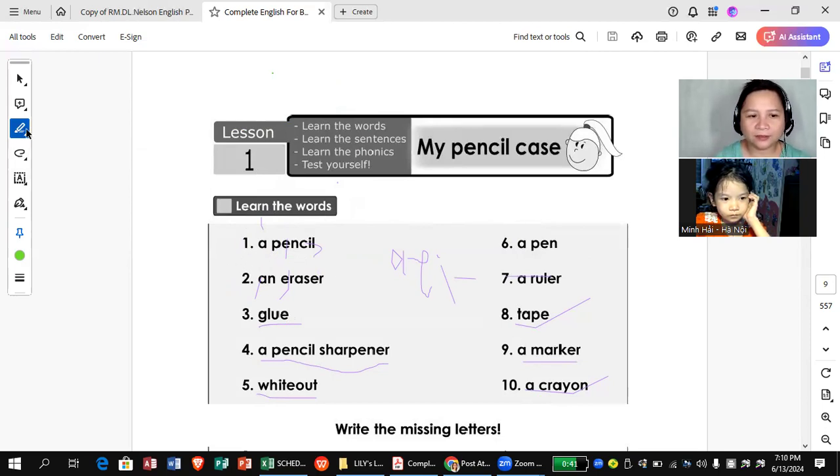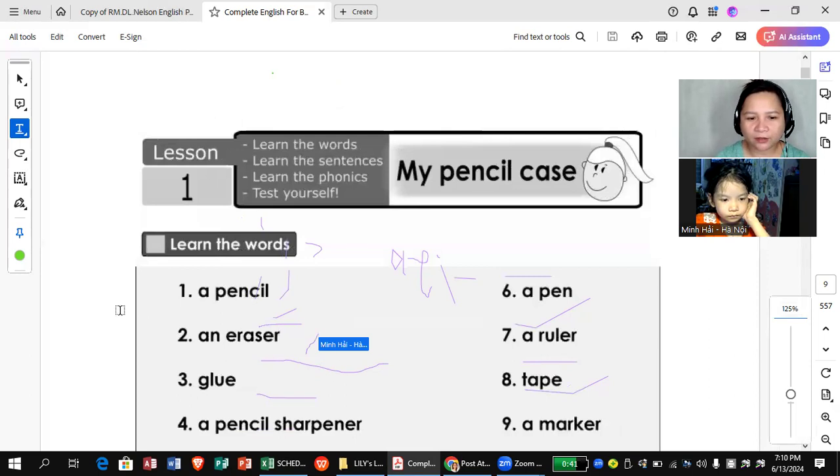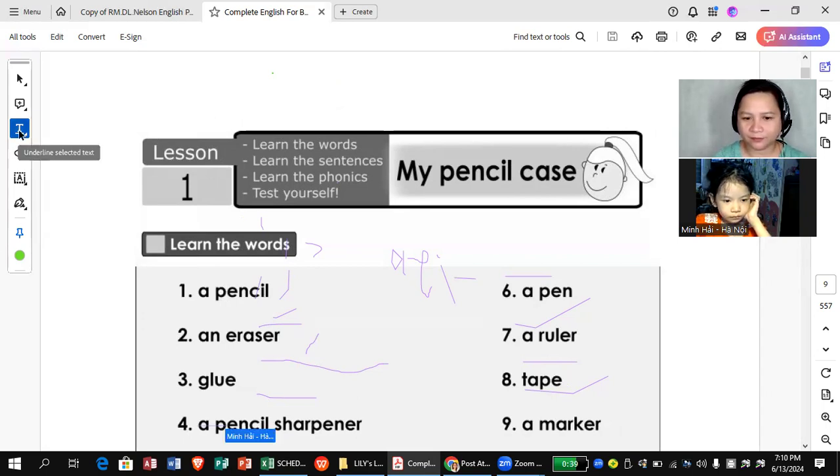Can you just tell me what are the vowels in number one?